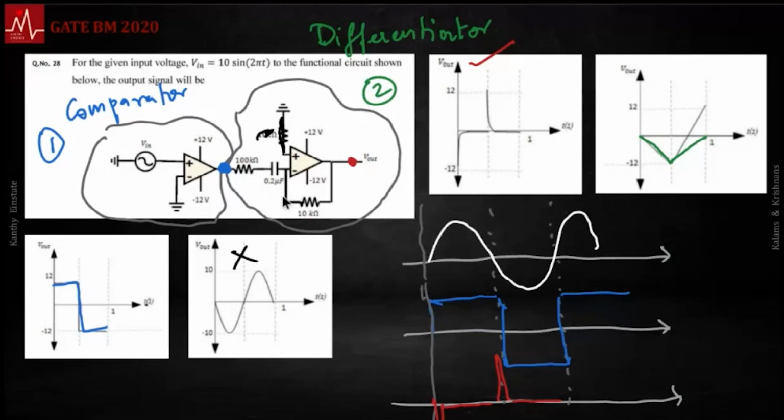What makes an integrator and a differentiator? We will answer quickly. Even this option is not an integrator. This area nullifies that area, so technically it should get back to zero, but it's going to plus 12.